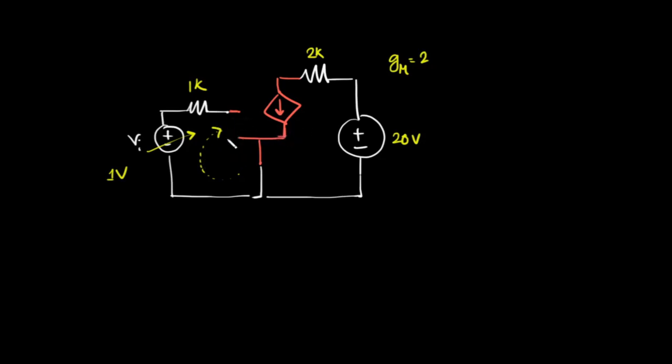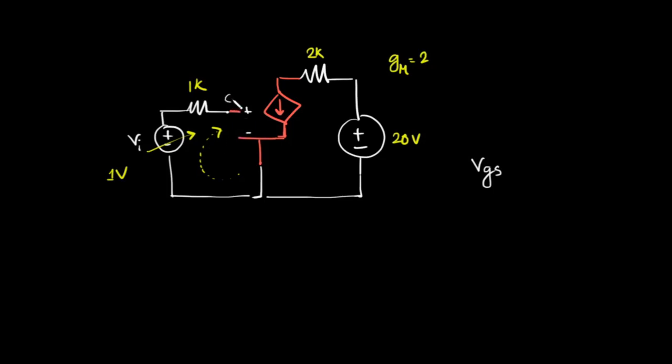So even if there is no current in this direction, there will still be a voltage at these two terminals. What will be the value of this voltage, VGS? If no current flows in this direction, then there will be no drop in this resistance, and the input voltage will be directly passed to the G and S terminals.